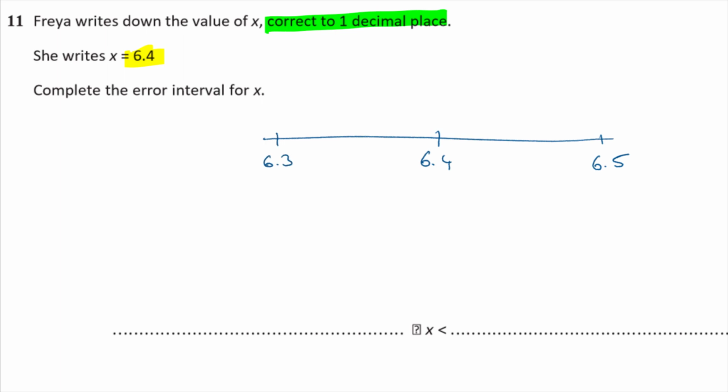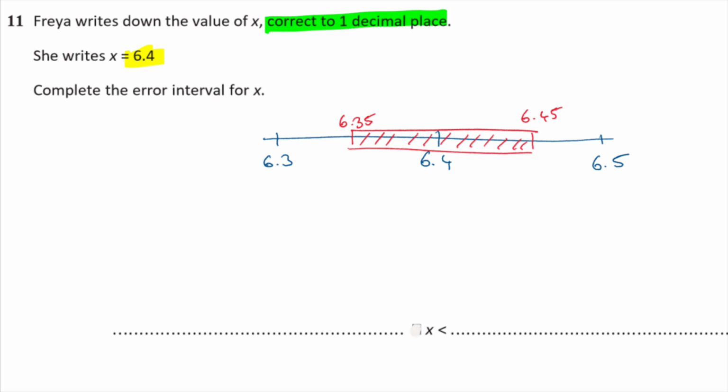And so the numbers that round to 6.4 are going to be the numbers halfway between those numbers or closer. So it's going to be these ones, isn't it? This region here rounds to 6.4. So what is the number halfway between 6.3 and 6.4? That's going to be 6.35. That's my lower bound, isn't it? And halfway between 6.4 and 6.5 is 6.45.